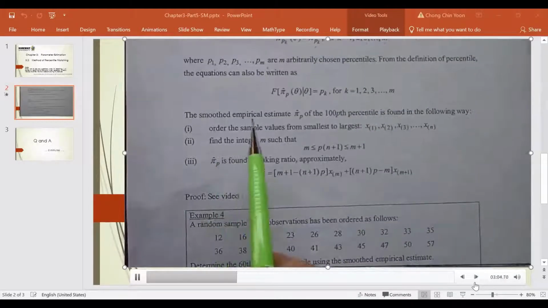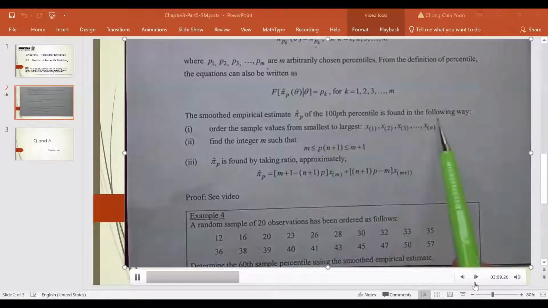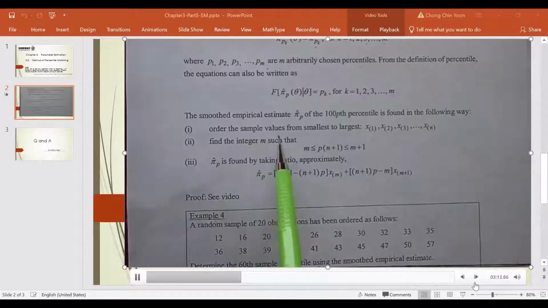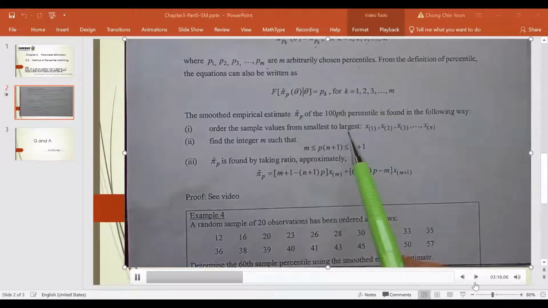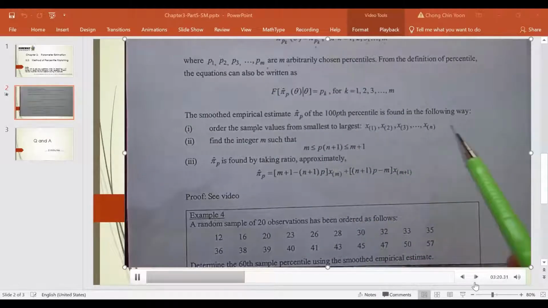The smoothed empirical estimate pi_p hat of the 100p percentile is found in the following way. Number one, order the sample values in ascending form, x1, x2 until xn.